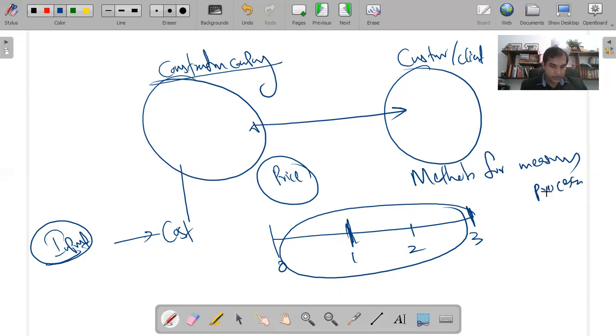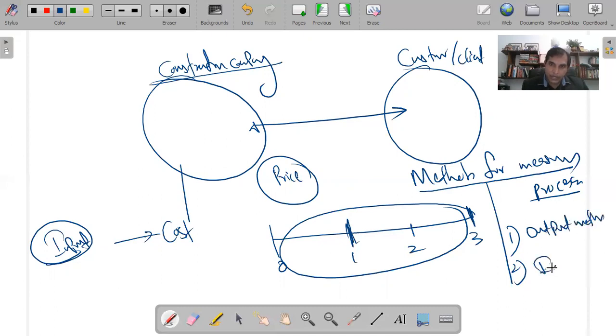Measuring progress. Right? In measuring progress, the standard emphasizes 2 methods. What are those 2 methods? Output method and input method.